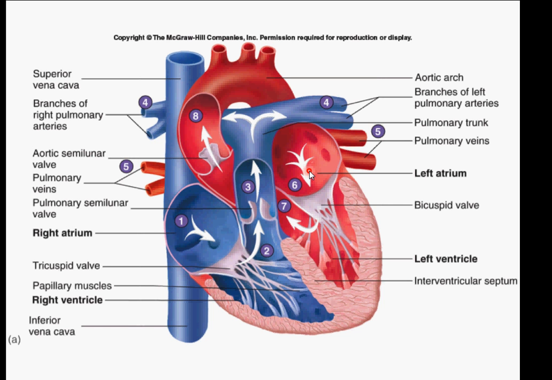If the heart is normal, the atria and the ventricles contract while the other is relaxing. Atria contracting, ventricles relaxed. As we said, diastole means filling. So ventricles contracting, atria relaxing, so the atria are filling. Atria contracting, ventricles relaxing, so the ventricles are filling.